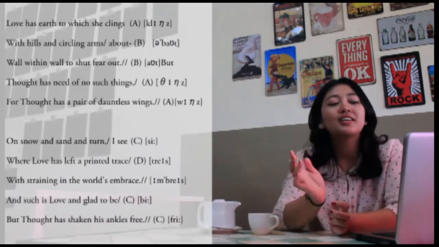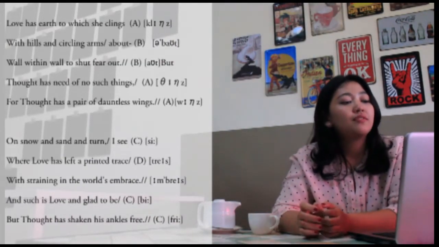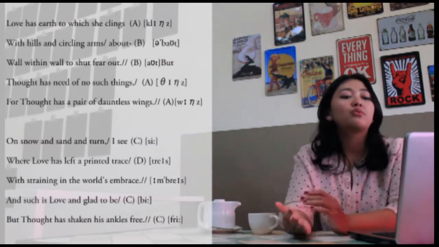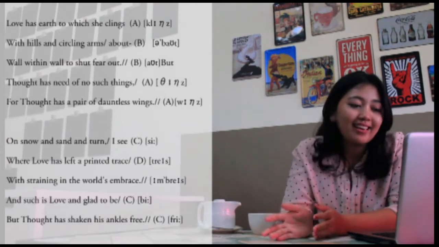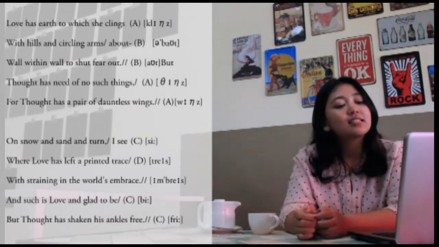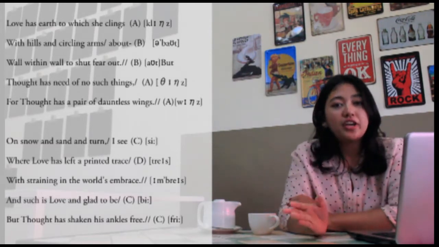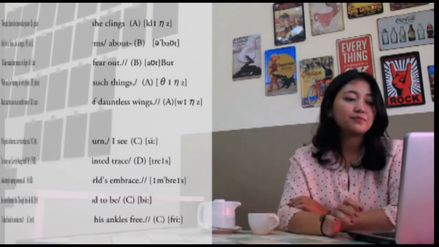Therefore, the total number of lines in the poem is 20. As you can see here, it is shown for the first and second stanza. In the first stanza, the rhyme is A, B, B, A, A, and the second is C, D, D, C, C. That's according to our group.